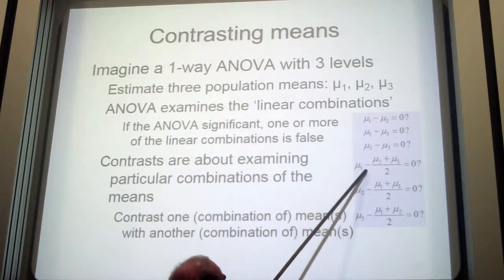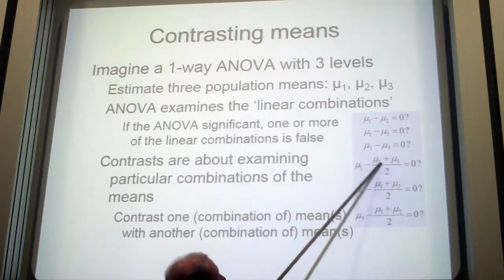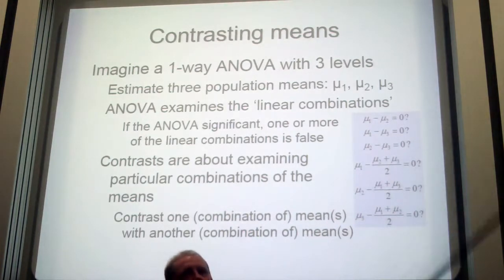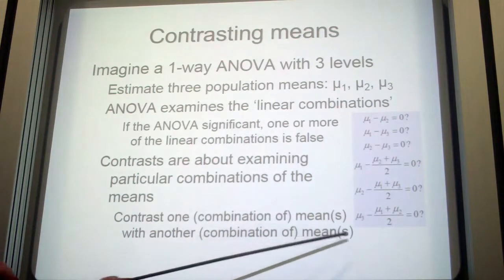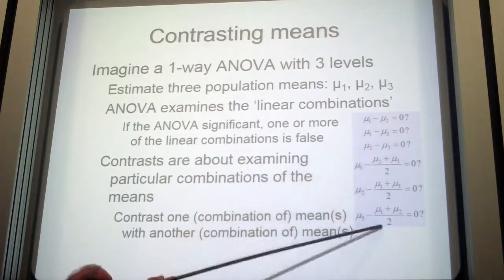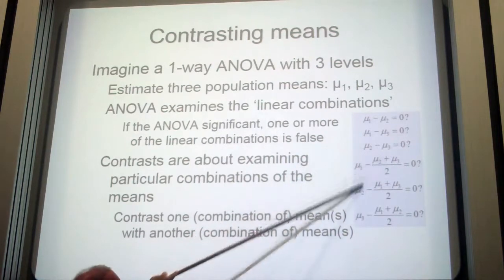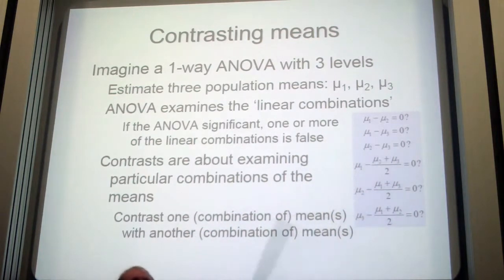But it also asks, is mean 1 minus the average of mean 2 and 3 zero, and so on. You can imagine all hell starts to break loose when you have 4 levels in your ANOVA. Okay? What the Scheffé test does is all of these. So rather than just the 3 pairwise, it includes all linear combinations as the correction term. It's very conservative.